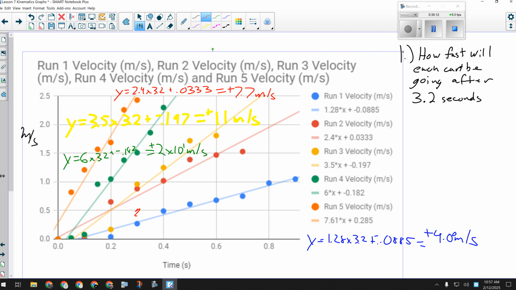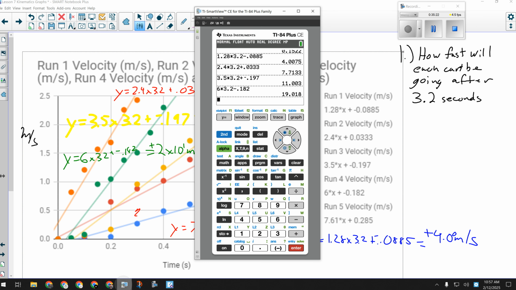So it'll be 7.61 times 3.2 plus 0.285. Actually, that one should have 1, but all the rest should have 2, because what did I multiply by? 3.2, that's only got 2.